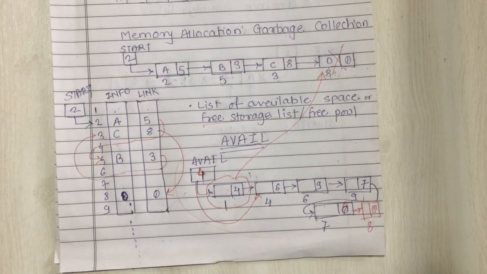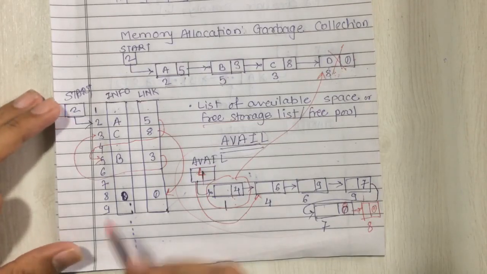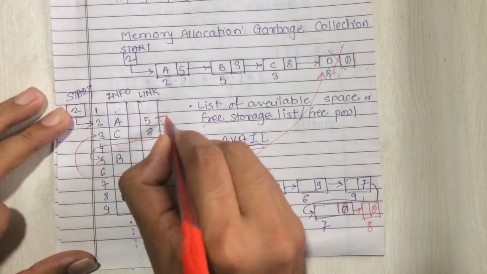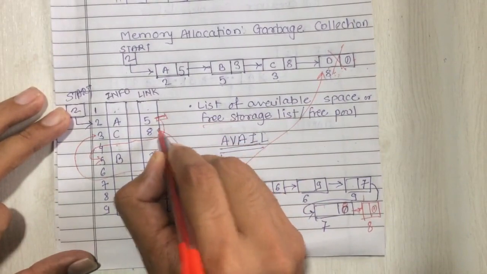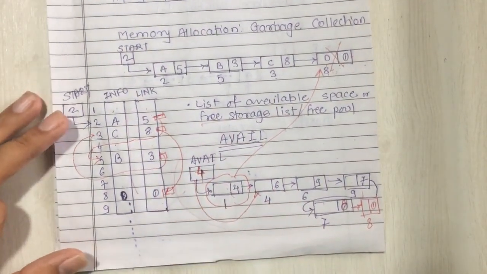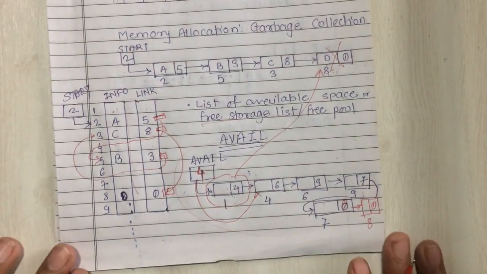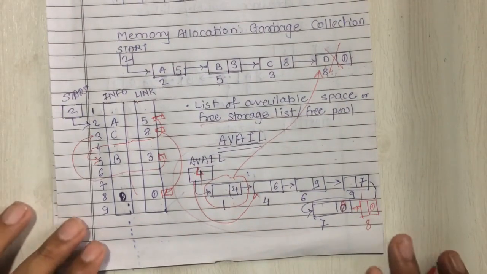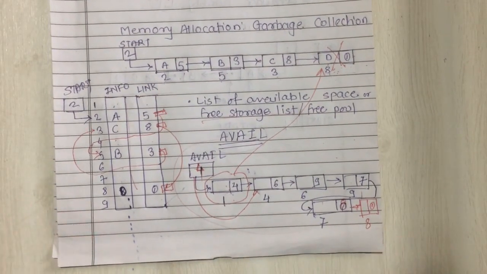So in the first step, our computer system runs through this list, and it provides tags to the nodes or memory space which is in use. You can call it a cell, or you can call it a node. This is the first step.